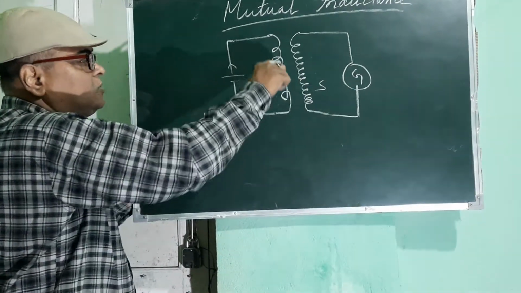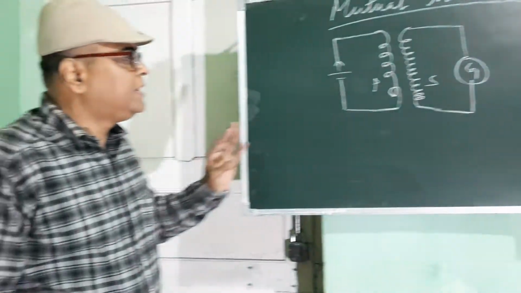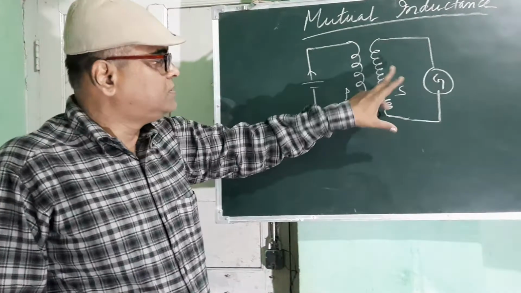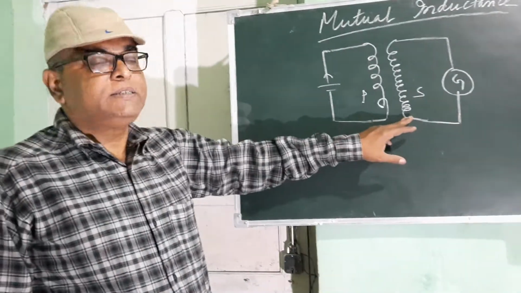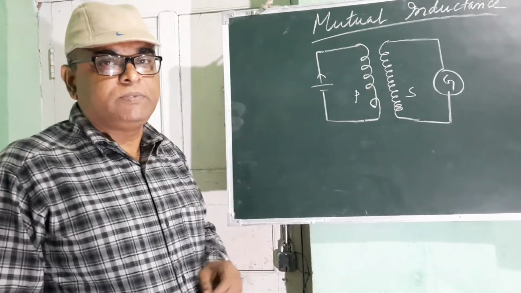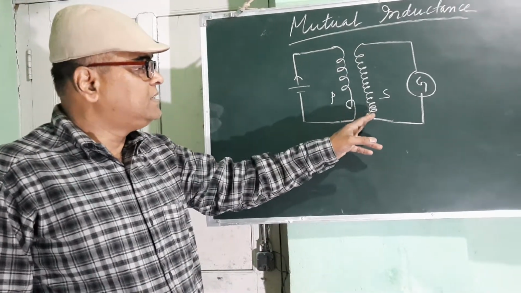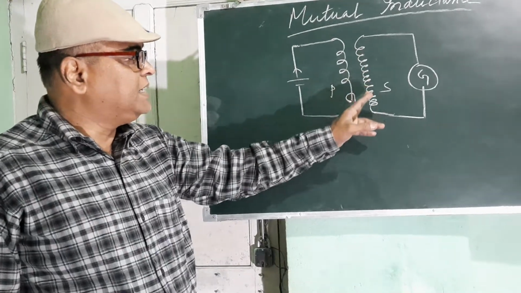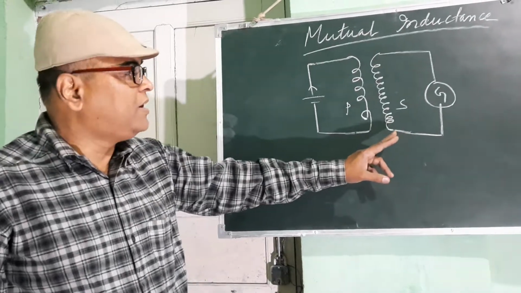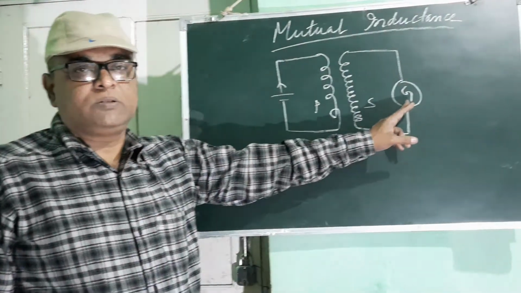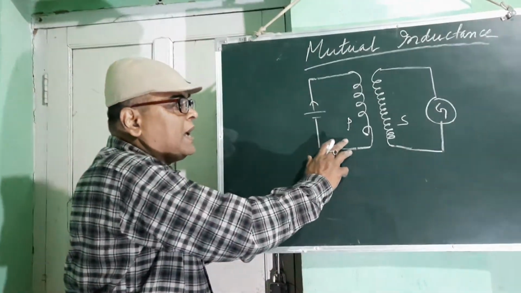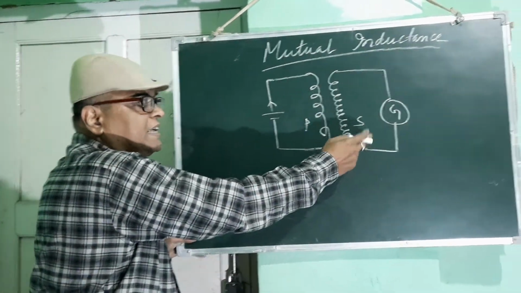Current is passing through the primary coil. The flux will change, so the magnetic field also changes, and the induced current is generated in the secondary coil. The galvanometer shows deflection. So mutual means current is passing through one coil and EMF is generated in another coil.